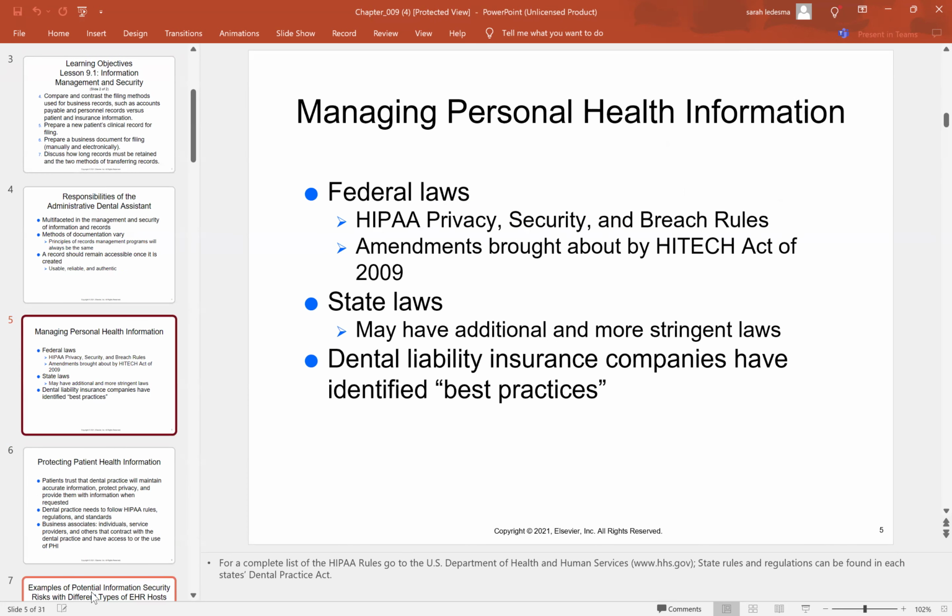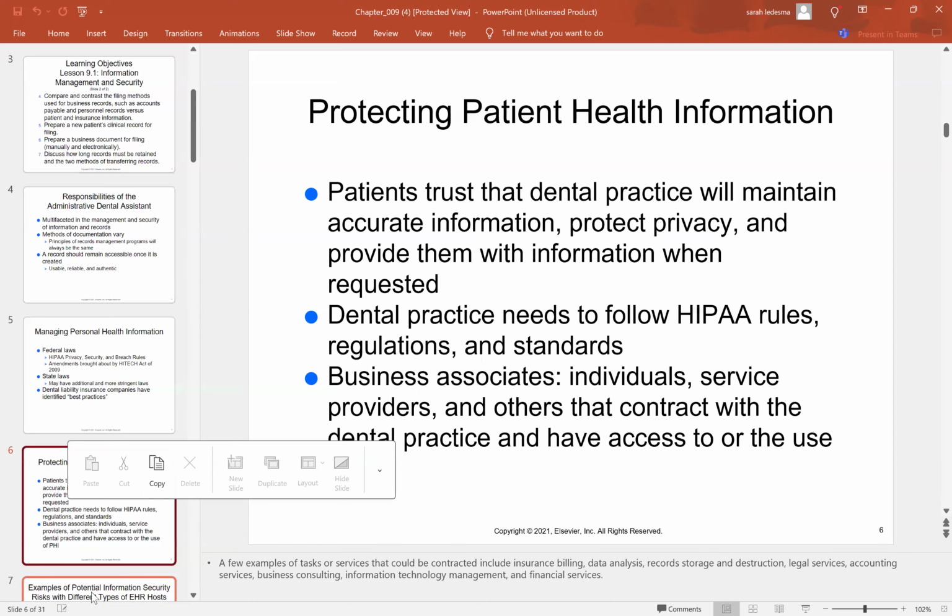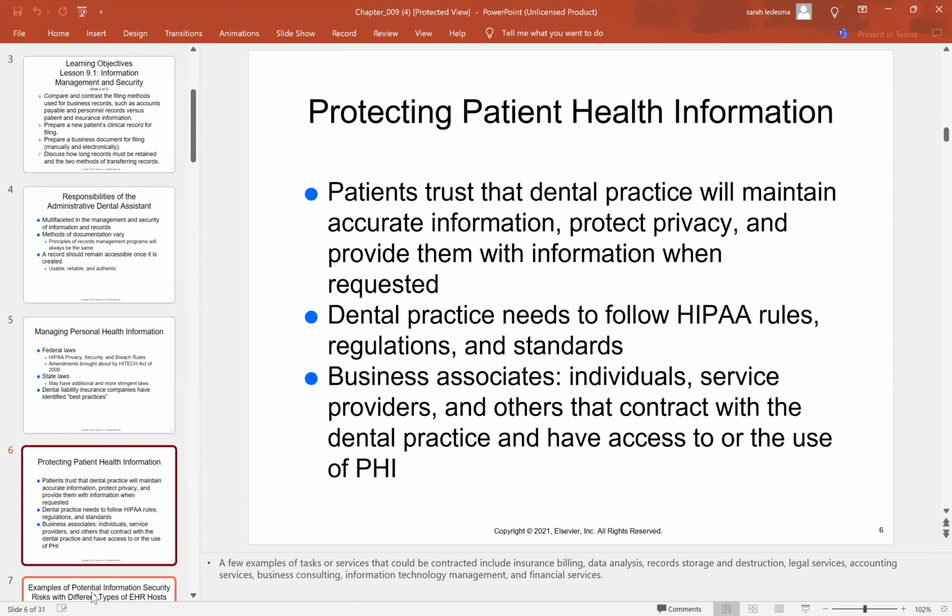Managing personal health information. Federal laws, HIPAA privacy, security, and breach rules, amendments brought out by HITECH Act of 2009. State laws may have additional and more stringent laws. Dental liability insurance companies have identified best practices. Protecting patient health information.